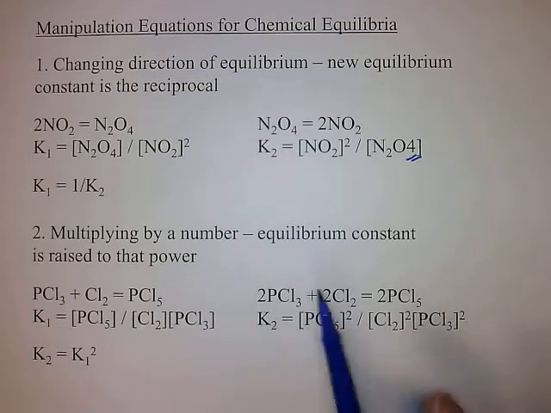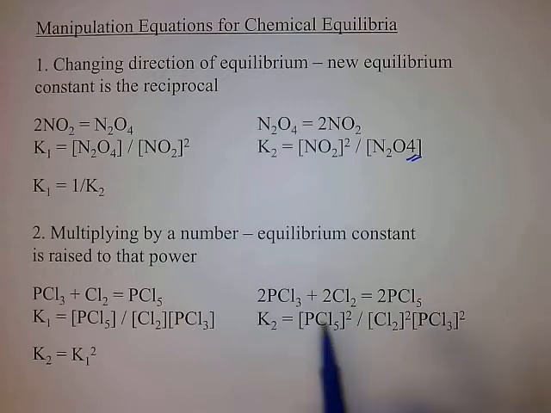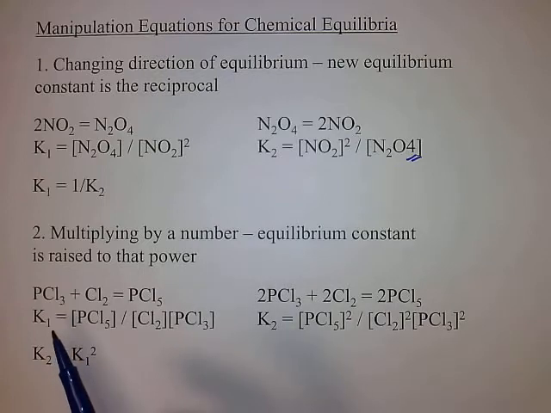If we multiply the whole reaction through by 2, it's the same reaction, except in the equilibrium expressions the coefficients become the exponents. We put a 2 in front of the reaction, and those 2's become powers. So this equilibrium constant is the square of this one. In other words, K2 is K1 squared.